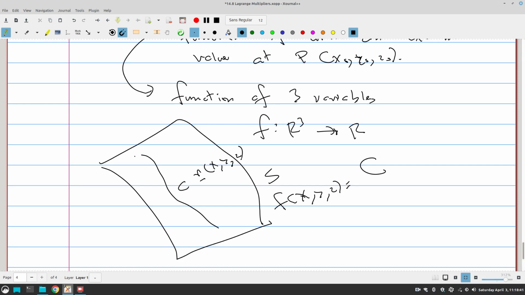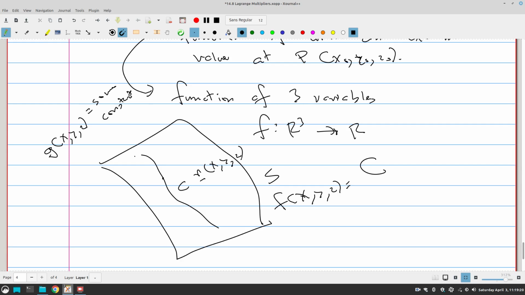And we're given a constraint g of x, y, z equals some constant, and we want to find the extreme values of the function f on the surface.